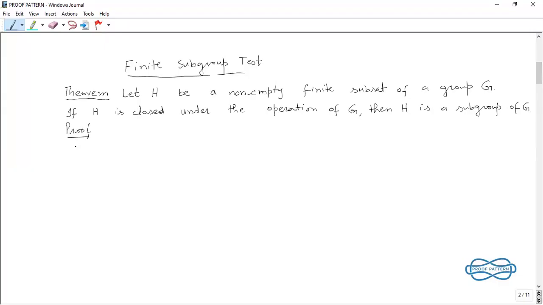Before this proof, we know two subgroup tests, which are the one-step subgroup test and the two-step subgroup test.